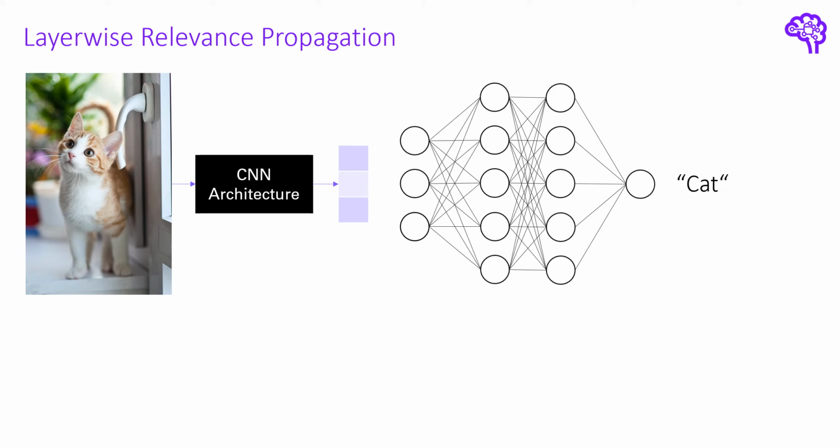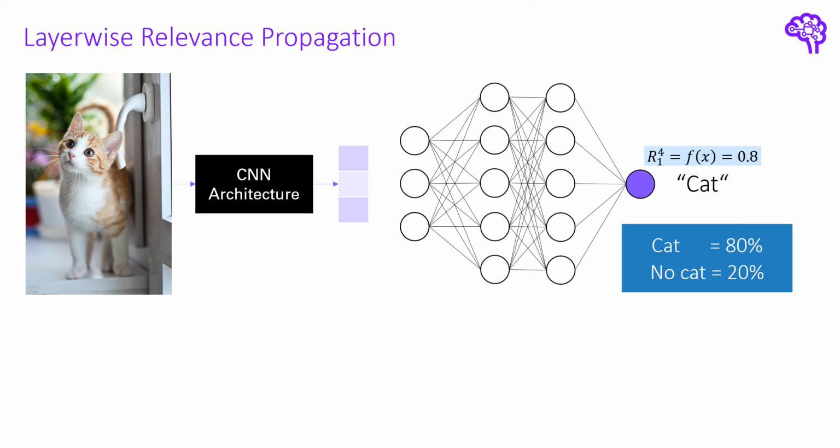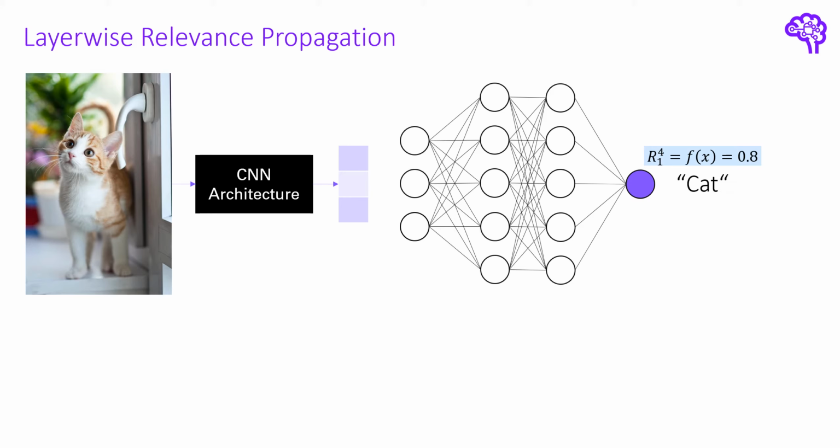The intuition is that we want to calculate the relevance layer by layer until we get the values for each individual pixel. We begin with the output neuron of our model and assign it the function value as relevance score. In a classification problem, we would for instance have 80% cat, so we choose the corresponding neuron and 0.8 as value.